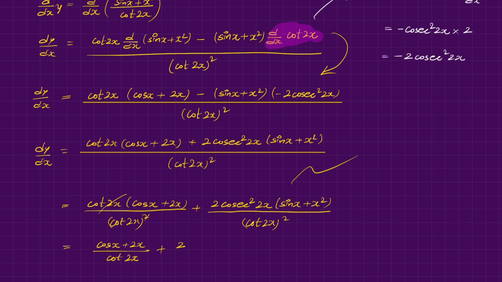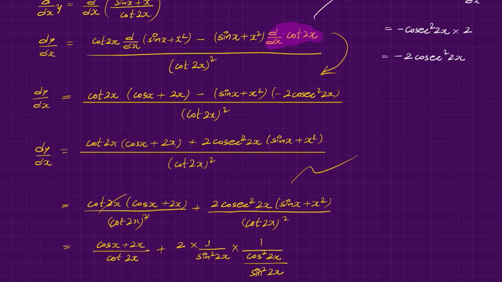Now cosec² 2x can be written as 1 by sin² 2x, and (cot 2x) whole squared can be written as cos² 2x divided by sin² 2x.